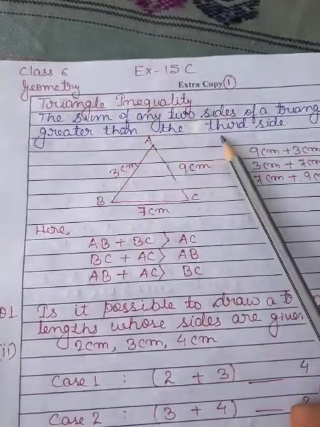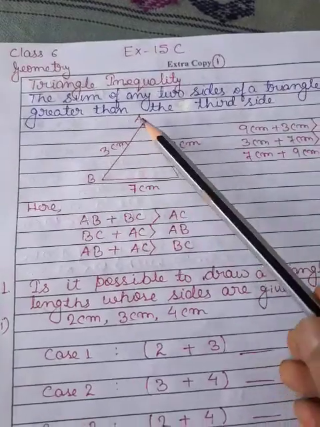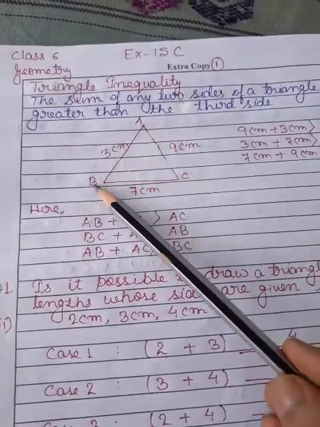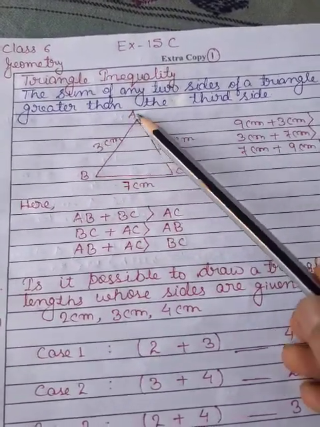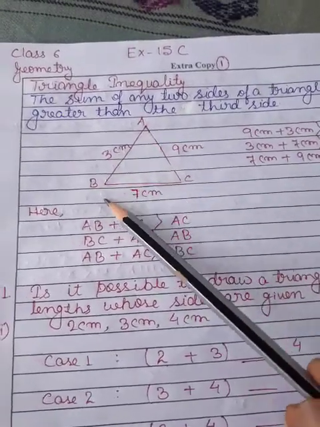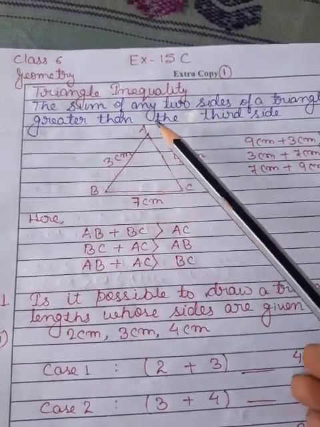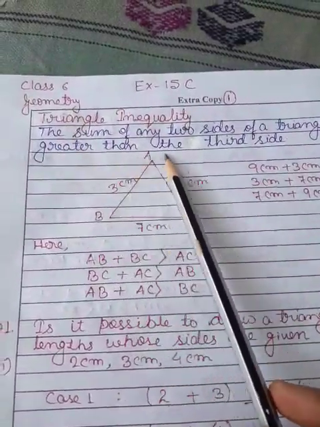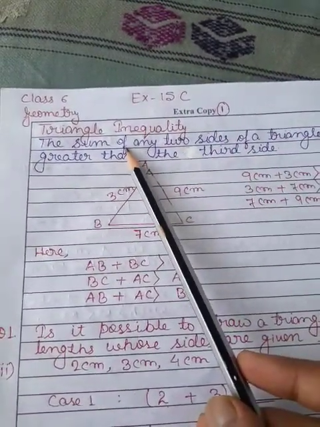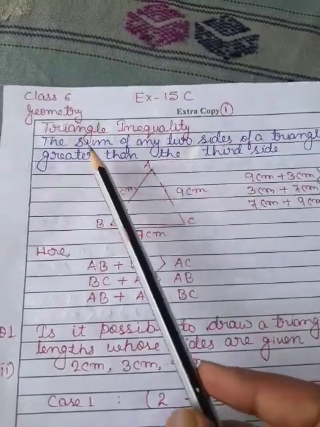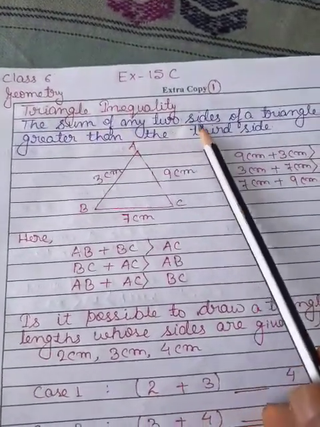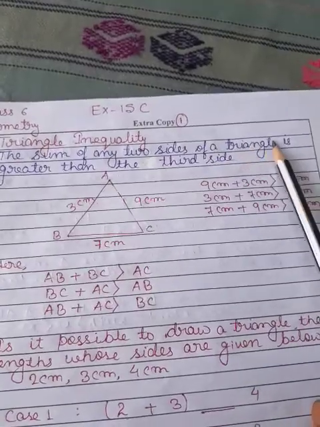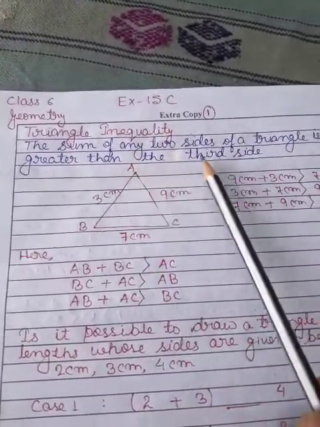Now what does it mean? Suppose we draw triangle ABC, and let AB be 3 cm, BC be 7 cm and AC be 9 cm. According to the triangle inequality definition, the sum of any two sides of a triangle is greater than the third side.